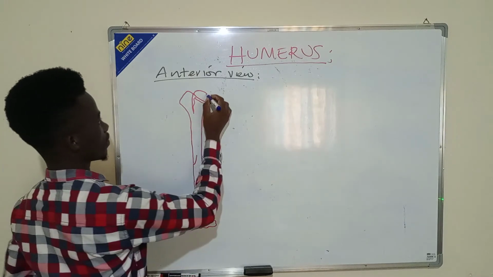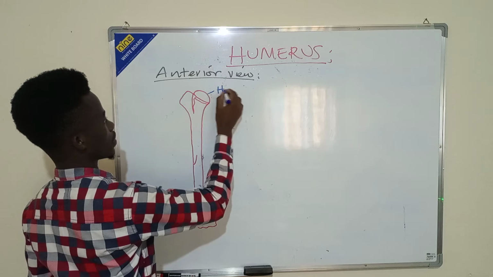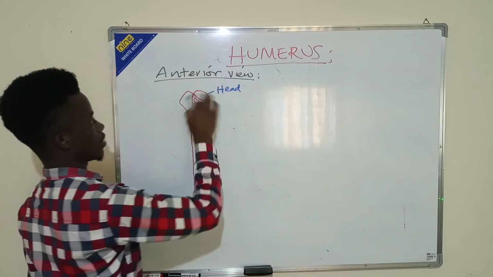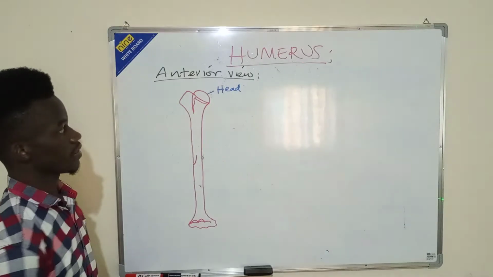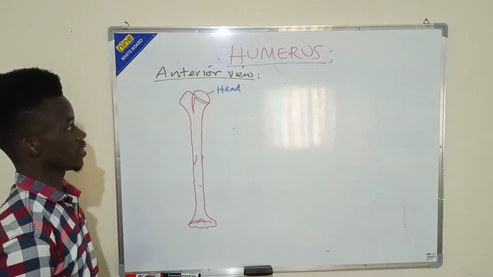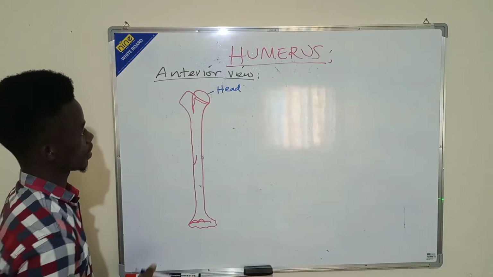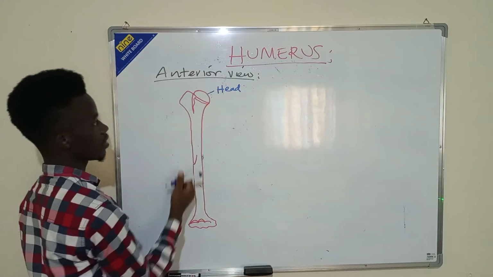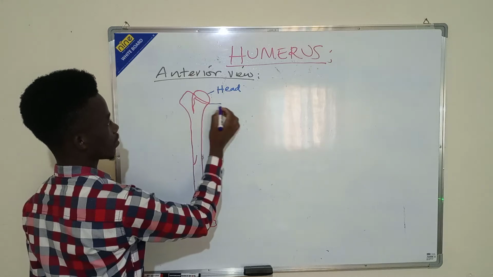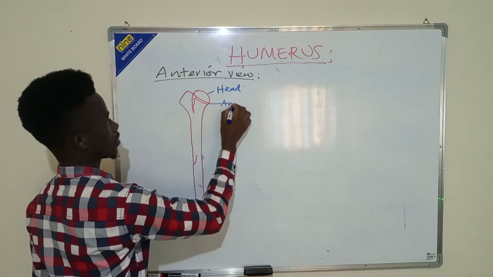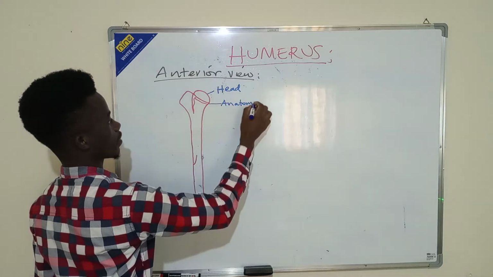Beginning from here, this is the head. It is half spherical, and that's the head that articulates with the glenoid cavity of the scapular bone. Immediately below this, we have a narrow constriction known as the anatomical neck.